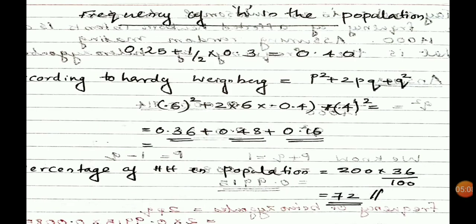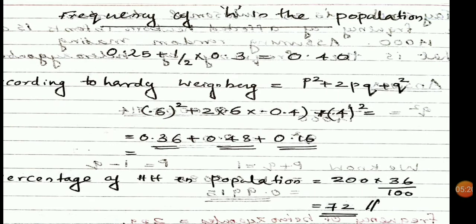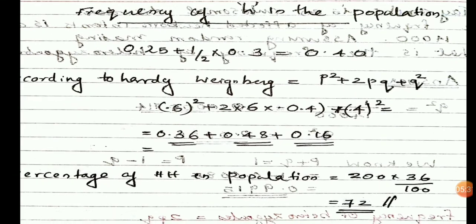Then the frequency of the small h allele in this population is half of 0.3 plus 0.25, which is 0.40.